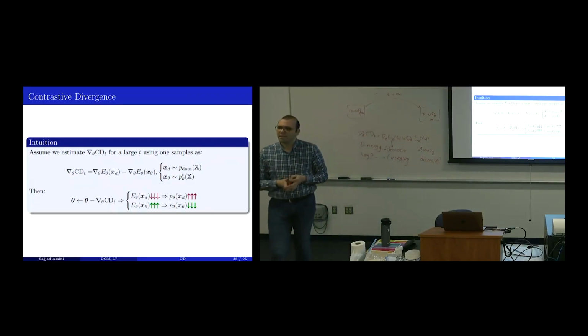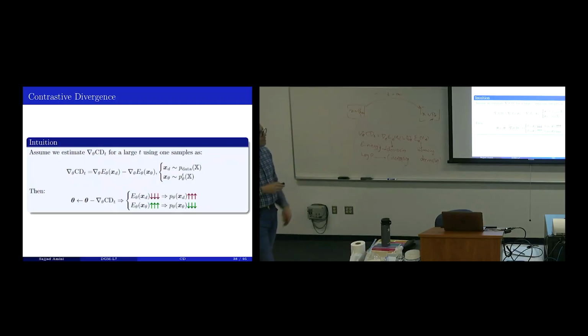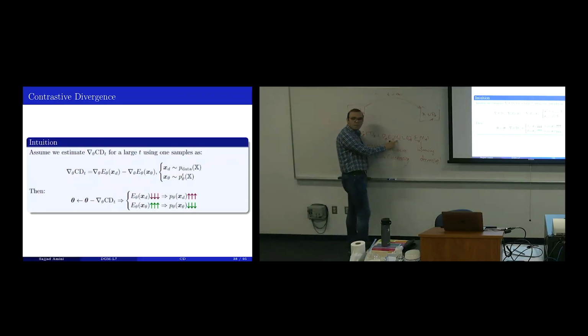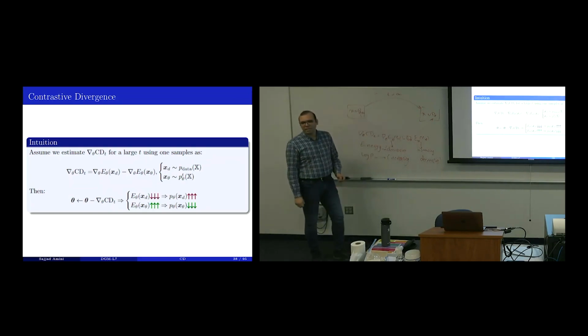What happened? CD tries to decrease the energy at a point coming from the true data distribution and increase it for data coming from the model distribution.